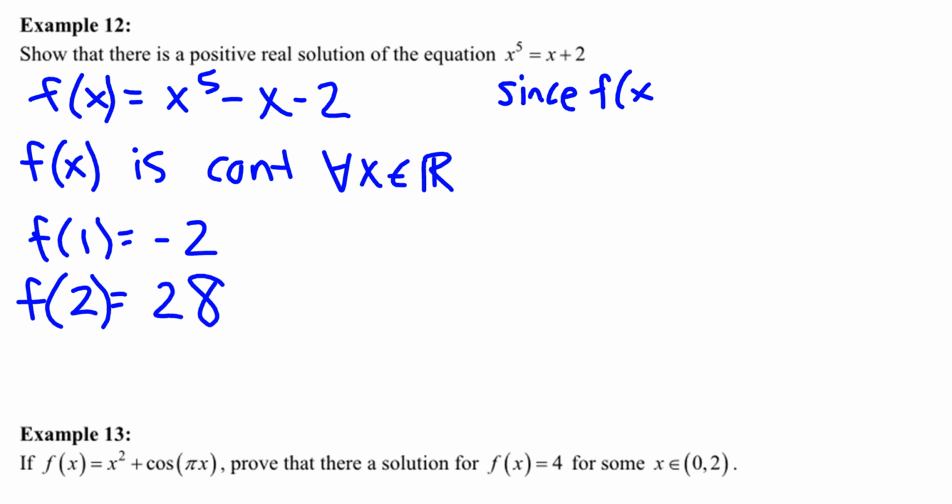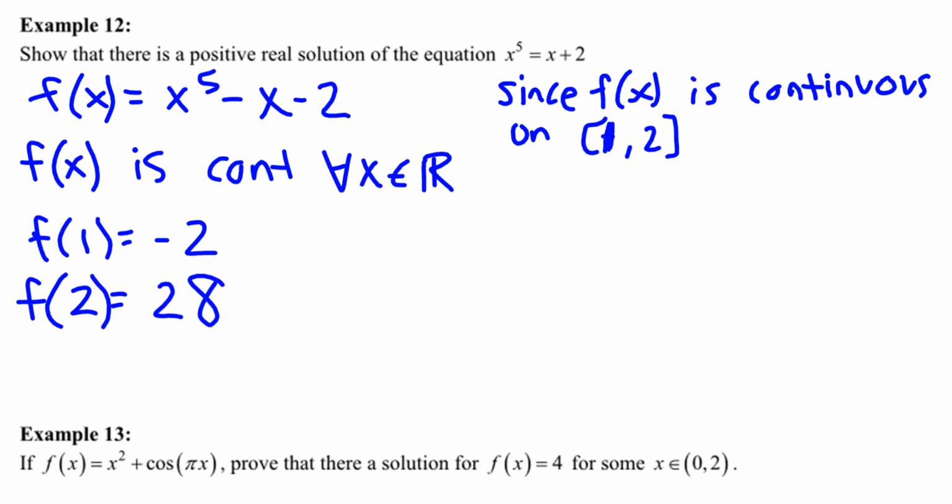Since f of x is continuous on a closed interval from 1 to 2, this means there exists.